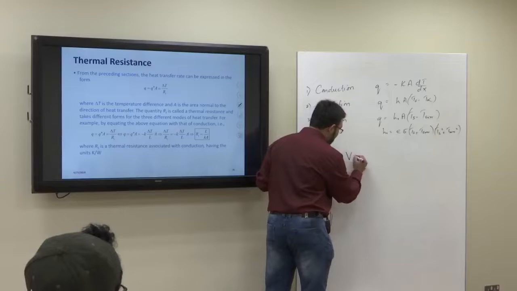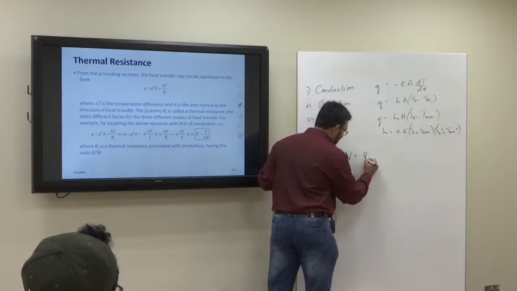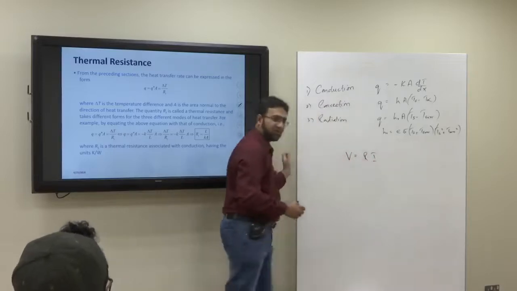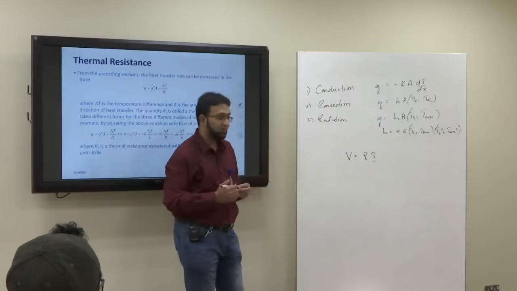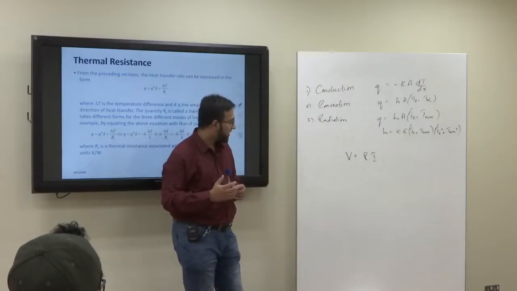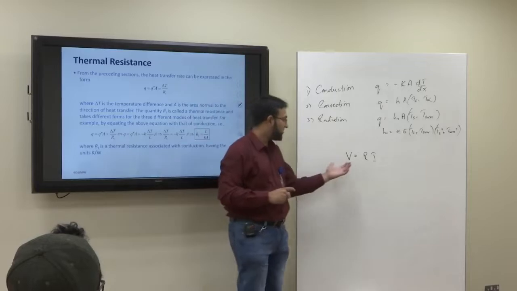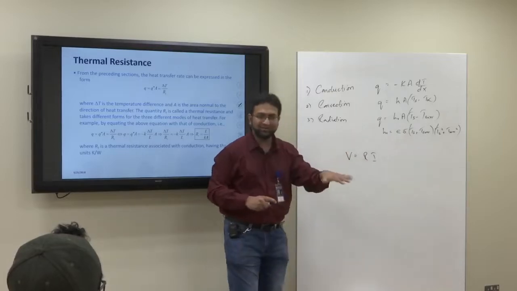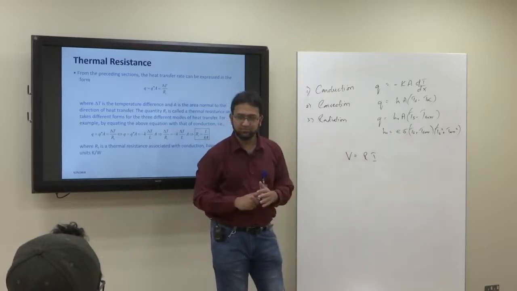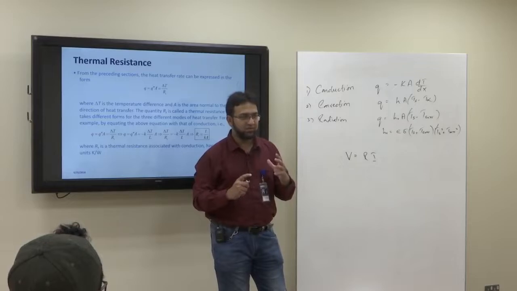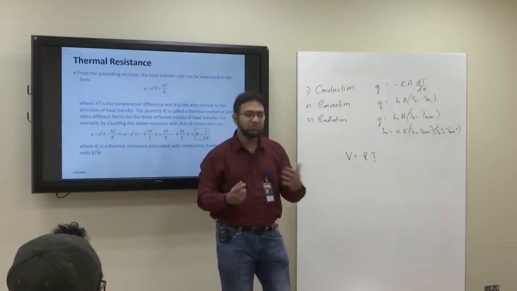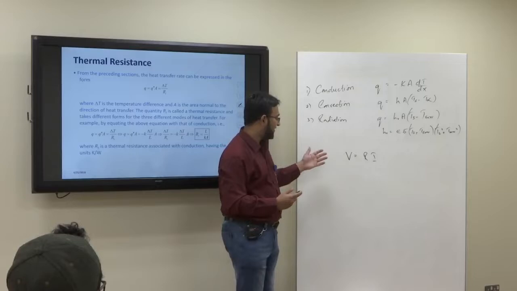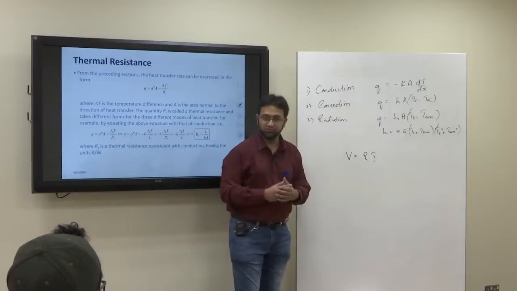V is equal to IR. That's Ohm's law, but it is basically a universal law, which becomes Ohm's law when applied in electrical engineering.